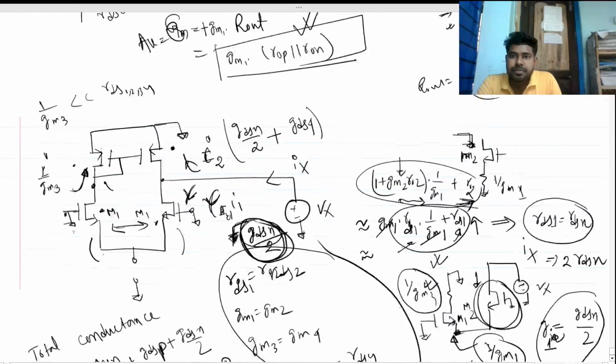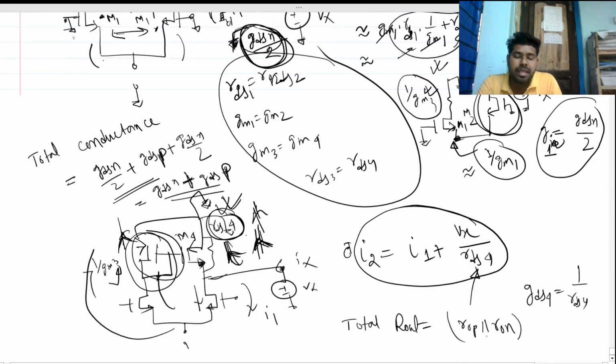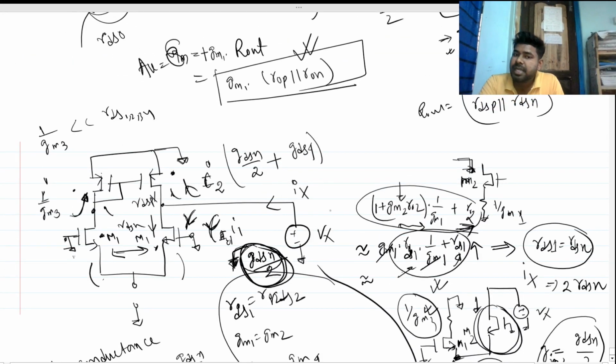We cannot directly say the output impedance is RDSn and RDSp. That is actually wrong, but eventually the effective output impedance becomes the same, though the previous analysis was wrong. So this is our correct analysis.